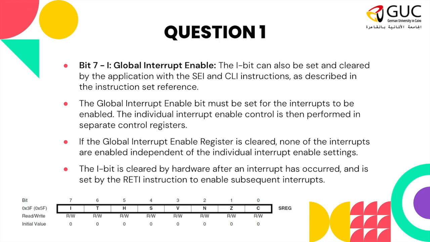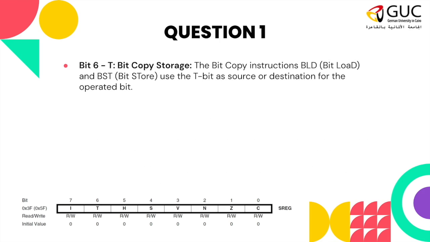Now let's move on to the next bit, which is bit number 6, the T bit. Okay, it's also known as the bit copy storage bit. The bit copy instructions BLD, which is bit load, and BST, which is bit store, are assembly instructions that use the T bit as source or destination for the operated bit. So actually, they are used for storing temporary bits.